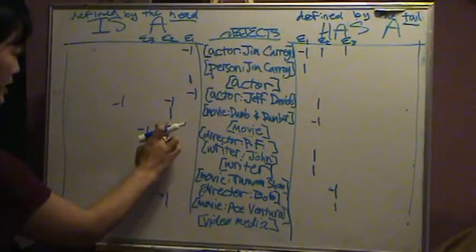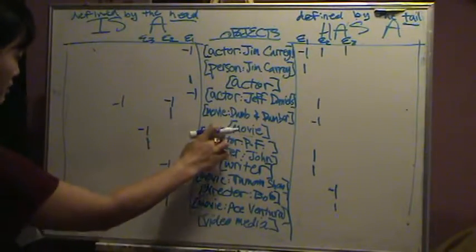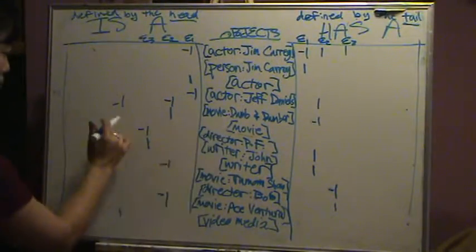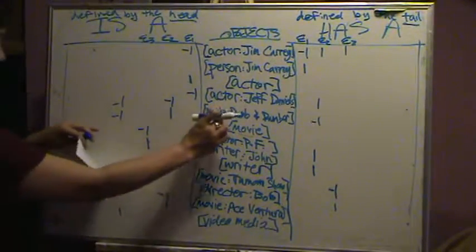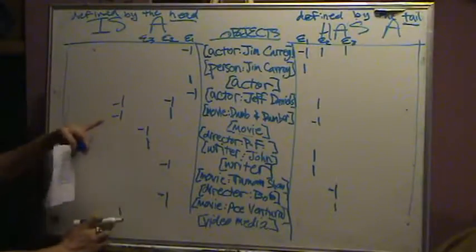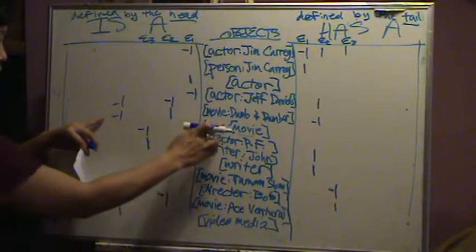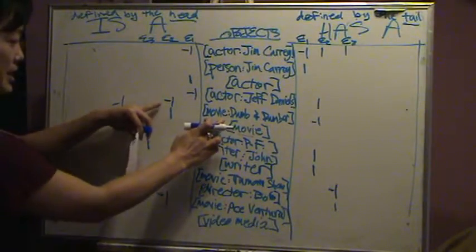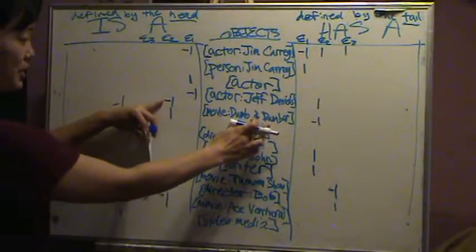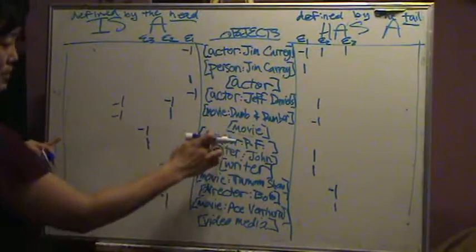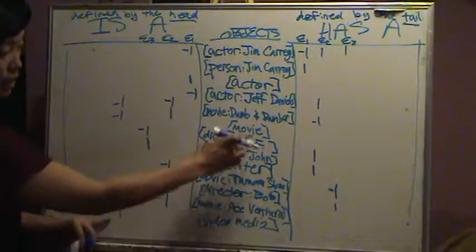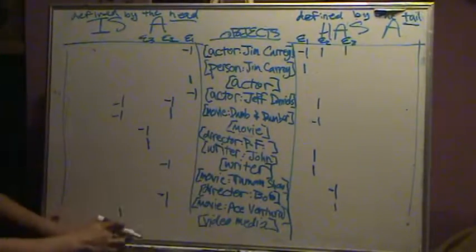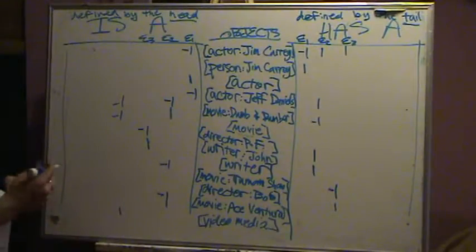But then let's say that we say movie is a video media. So these two things both say that they're video media. Well, if we've already said that movie Dumb and Dumber is a movie, it's a bit redundant to say movie Dumb and Dumber is a video media if we're already saying movie is also a video media.